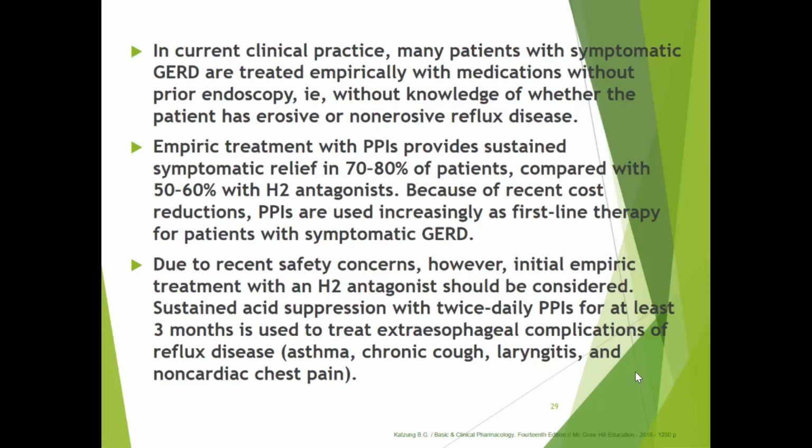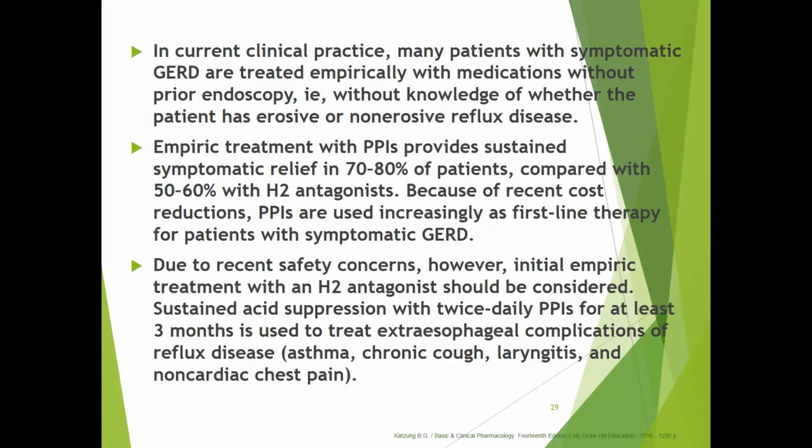Empiric treatment with a proton pump inhibitor provides sustained symptomatic relief in 80% of patients, compared with 60% with an H2 antagonist. Because of recent cost reductions, PPIs are increasingly used as first-time therapy for patients with symptomatic reflux. Due to recent safety concerns, however, initial empiric treatment with an H2 antagonist should be considered.